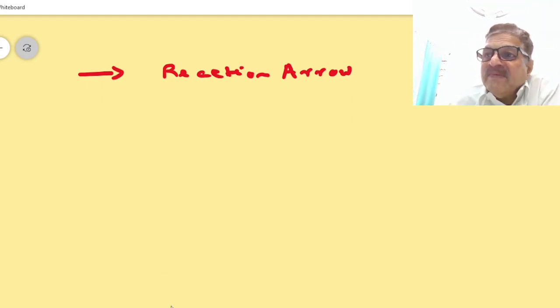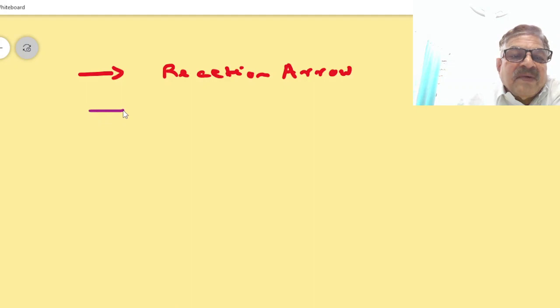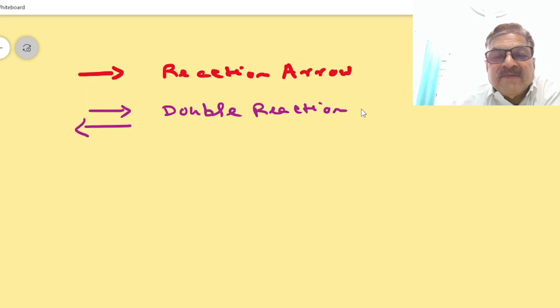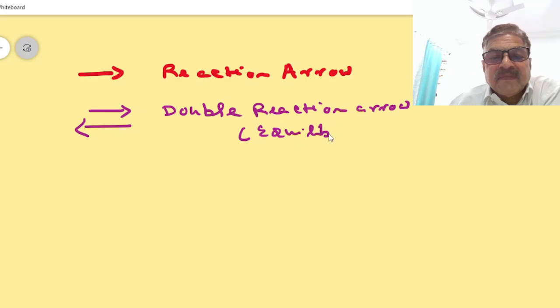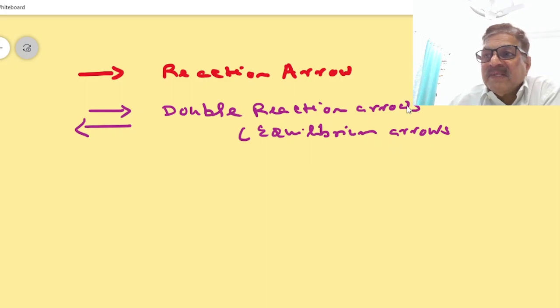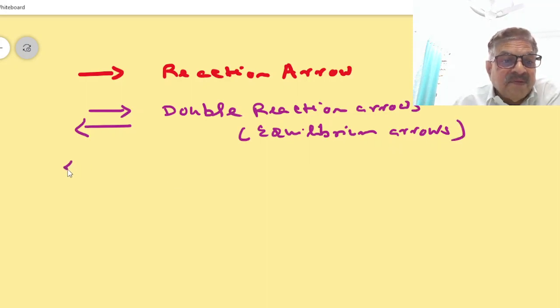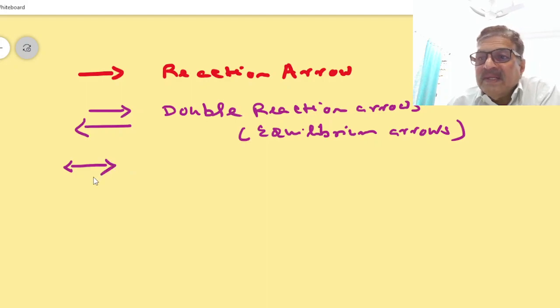Then we have a double reaction arrow, one arrow like this, one arrow like this. That is the equilibrium arrow. It is also known as the double reaction arrow. These are all basic things. Now there is a double-headed arrow.